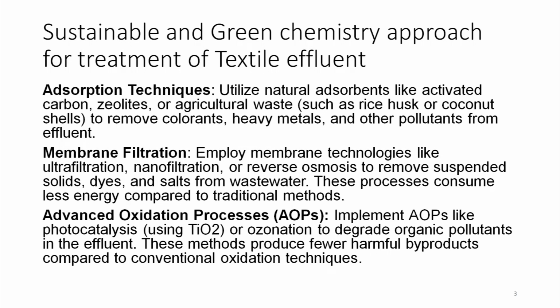Implement AOPs like photocatalysis using titanium dioxide or zinc oxide or ozonation to degrade organic pollutants in the effluent. These methods produce fewer harmful byproducts compared to conventional oxidation techniques. So, in order to make a sustainable process using green chemistry approach for the treatment of textile effluent, we need to adopt safer modes of mitigation rather than conventional modes.